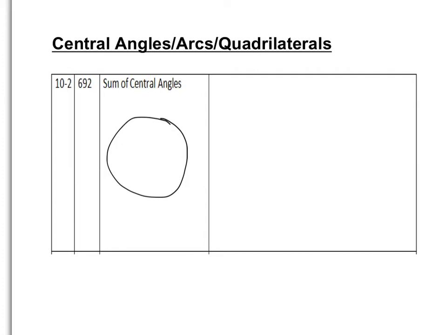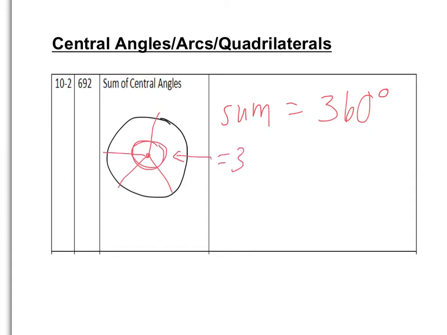So first of all, the sum of central angles. We already talked about this, but we know that the sum of the central angles is going to equal 360 degrees. So all of these angles in here, all of these together will equal 360.